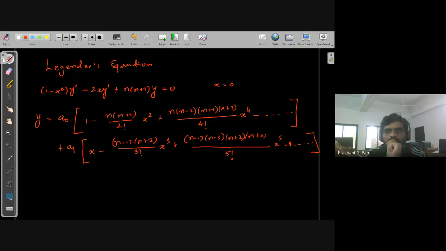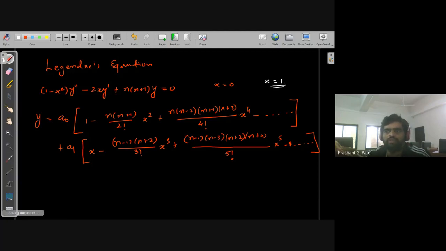We also talked about the solution of the Legendre equation about its regular singular point x is equal to 1, which we got in the previous lecture in the form of a hypergeometric equation.